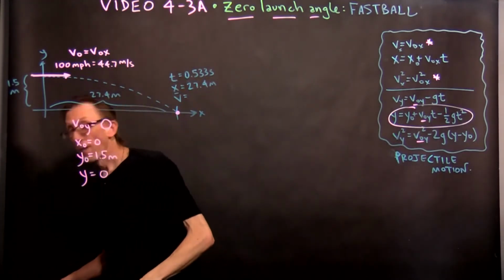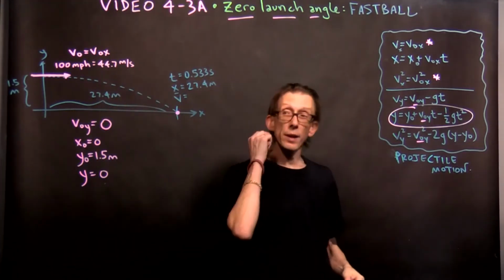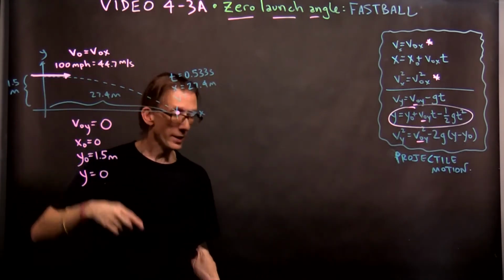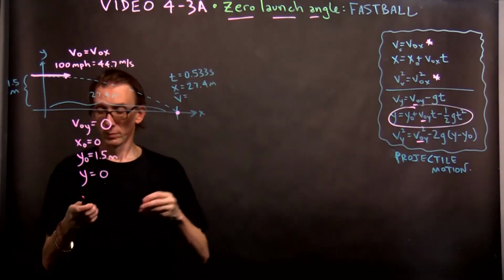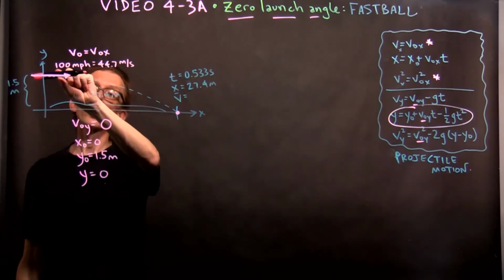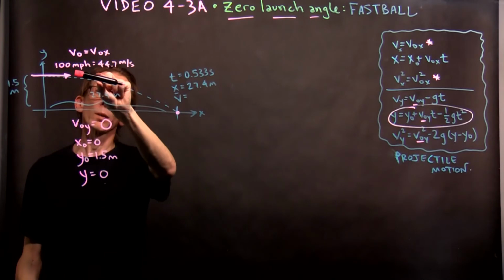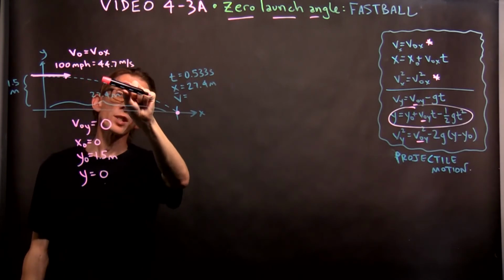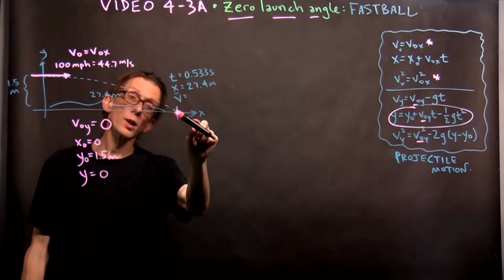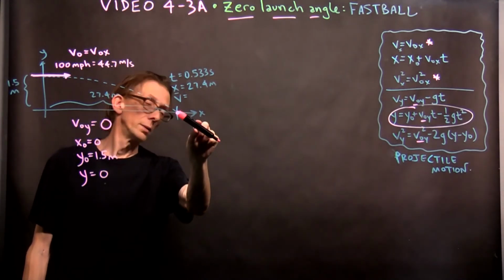Okay, so the final velocity, I want to be clear what I mean by this. When the ball hits the ground, the velocity vector is a tangent to this curve, which means that the velocity vector points in the direction the ball is going. So right when the ball hits the ground, it's going in this direction.